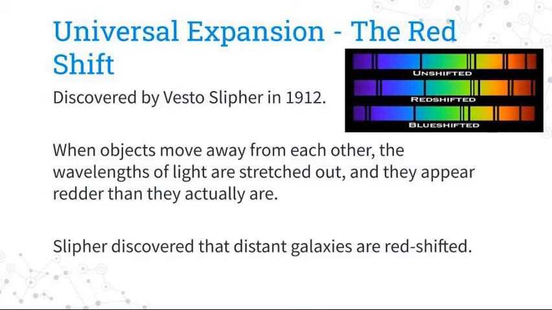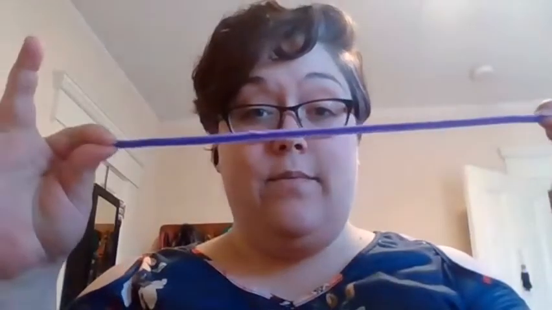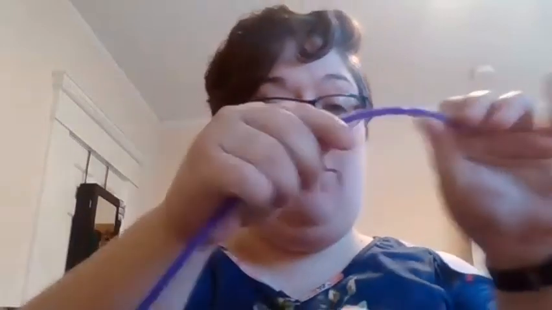See, it works like this. Right, so I have here a pipe cleaner. It is purple because purple is the color that I associate with space, once again. And it's nice and flat. And I'm going to form this pipe cleaner into the shape of a wave.